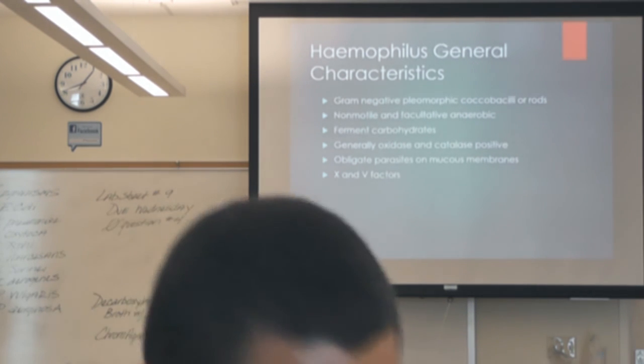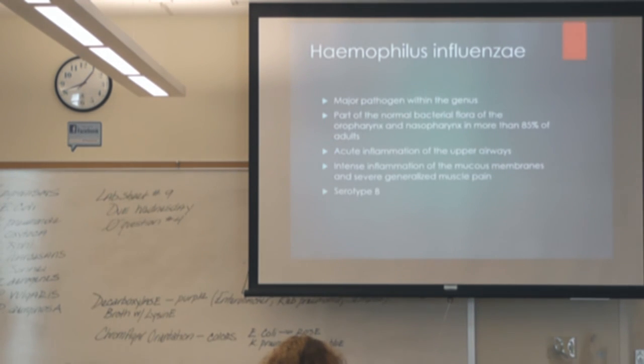All right. Influenzae is a major pathogen within the species, particularly serotype B, okay? However, we have the vaccine, the HIB vaccine. Serologically speaking, not biologically speaking, there are 6 distinct types of influenzae. It causes acute inflammation of the upper airways.